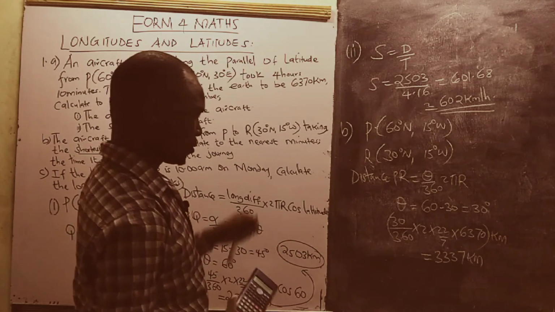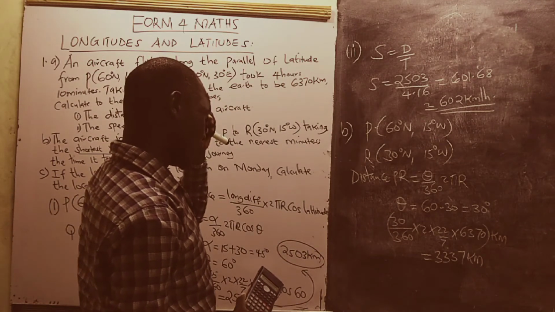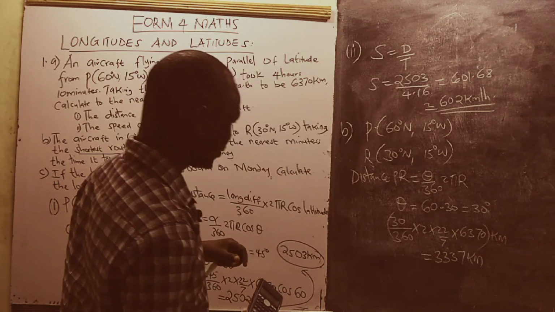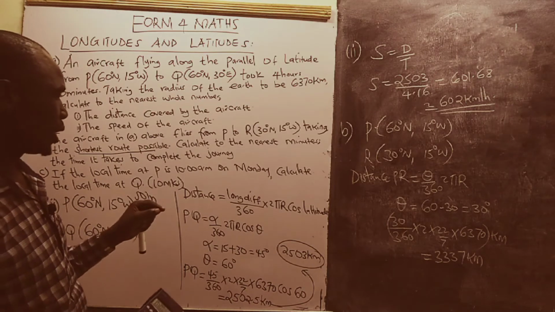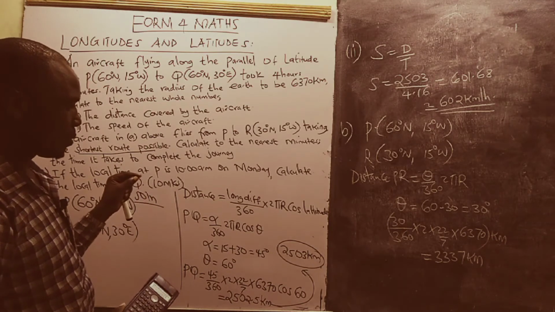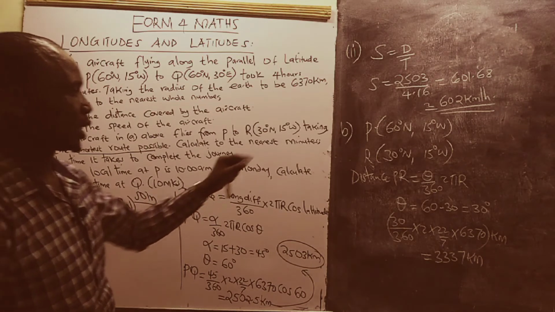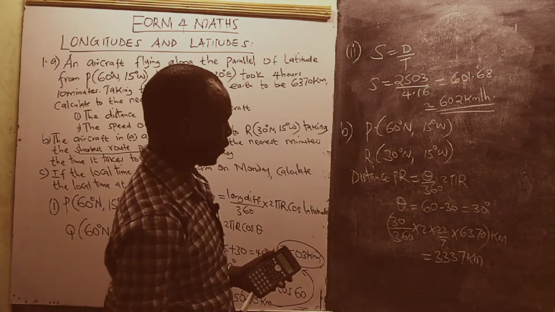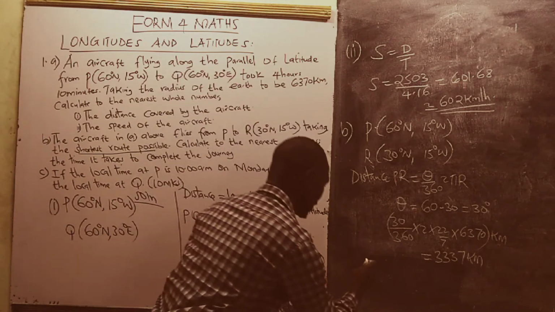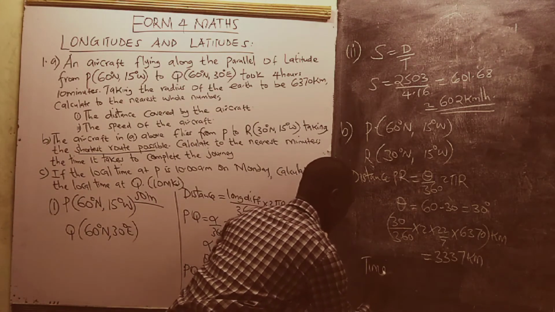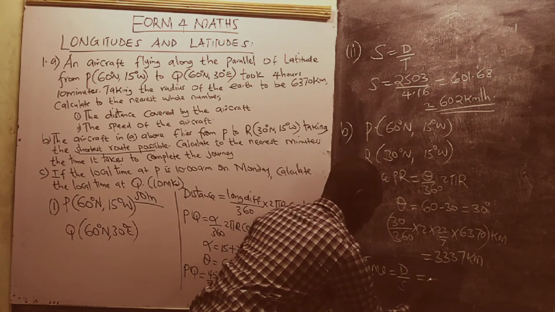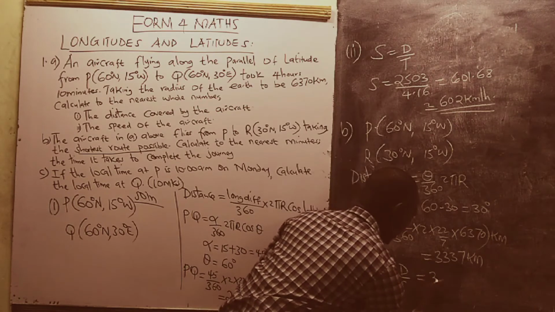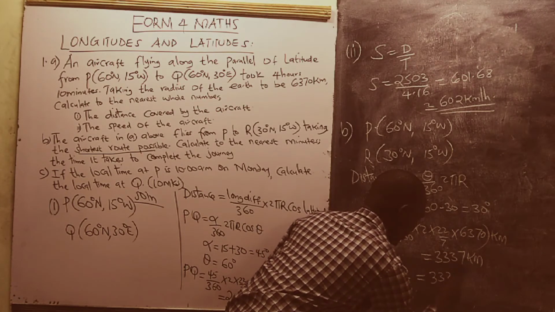Once we have the distance and we are supposed to calculate time, it means the aircraft flew from P to R using the same speed that we have already calculated in Roman 2 of part A above. In this case, time is usually given by distance over speed, and our distance is 3337.